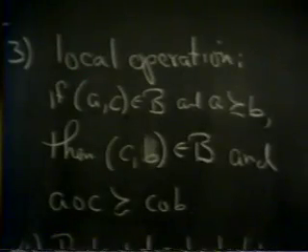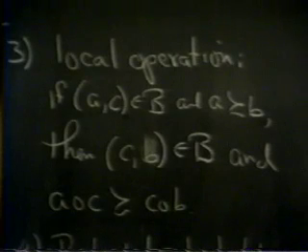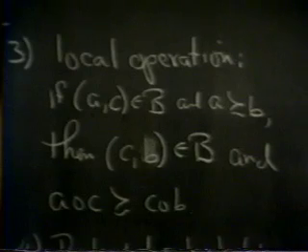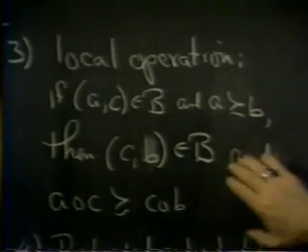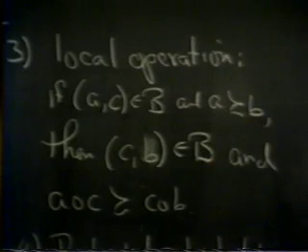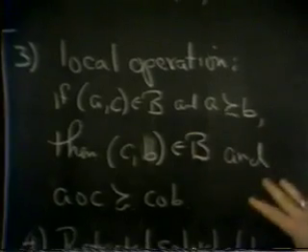So if you know two things can be concatenated, then things below them in the ordering will be concatenated. That's a very restrictive requirement on the set B, but it ensures a sufficient richness of the operation.